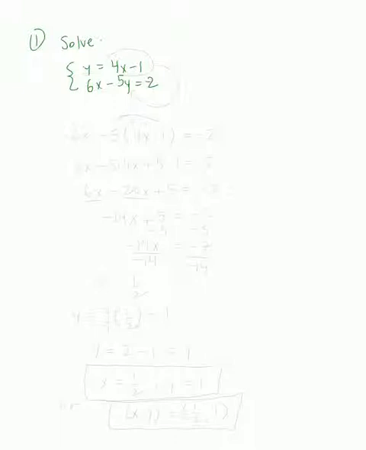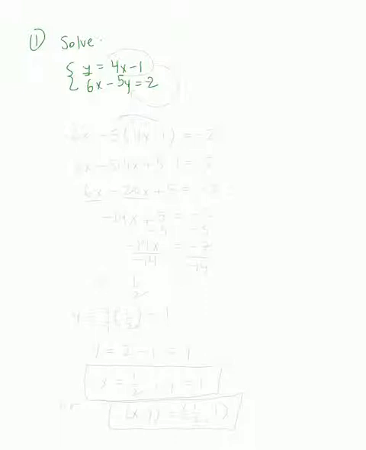So, step 1, pick an equation and solve for one variable in terms of the other. Notice in this problem that we already have one variable by itself. The y here is already by itself. That means that step 1 is already done for us.